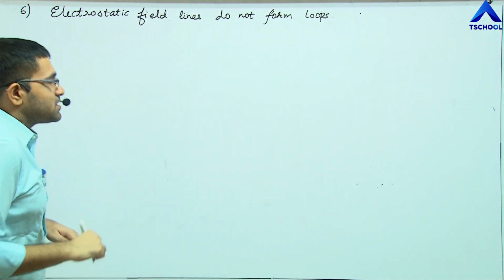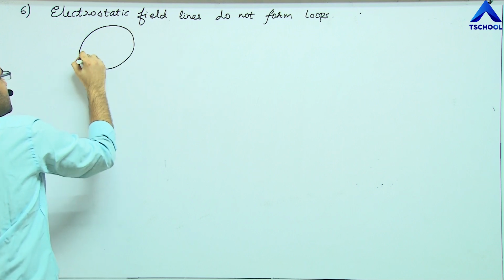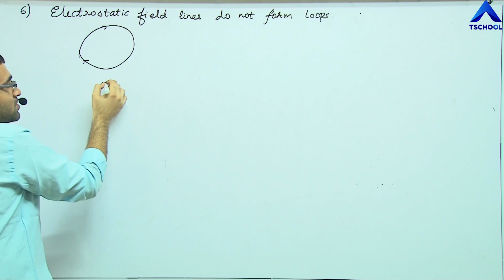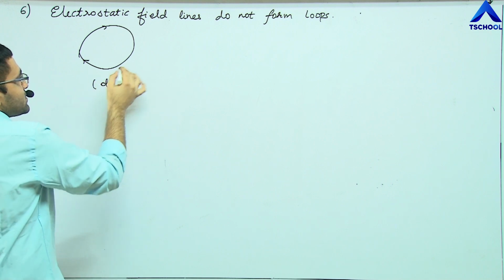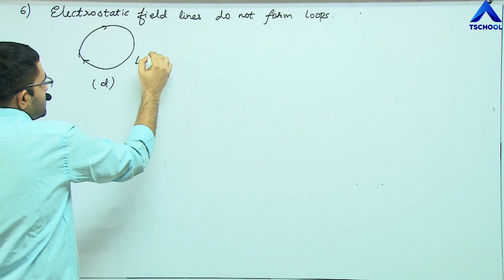Okay, what does that mean? It means it cannot be something like this. Repeat, it cannot be something like this. This is not allowed. Does not form loops.